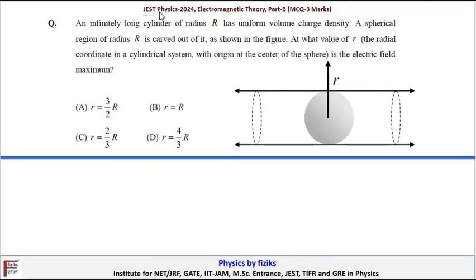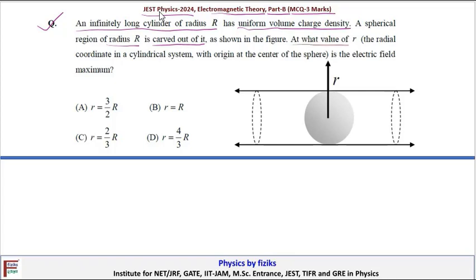So this is a JEST Physics 2024 Electromagnetic Theory question of Part B, and it is an MCQ 3 marks question. Now in this question it is given that an infinitely long cylinder of radius R has uniform volume charge density, and a spherical region of radius R is carved out of it as shown in this figure.